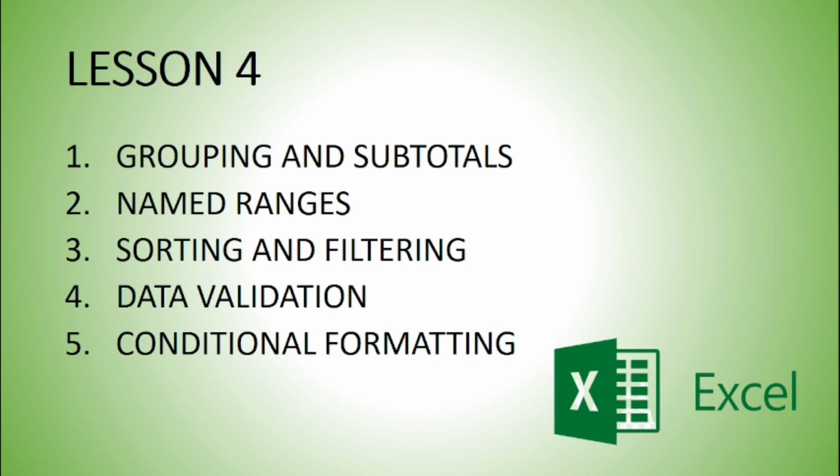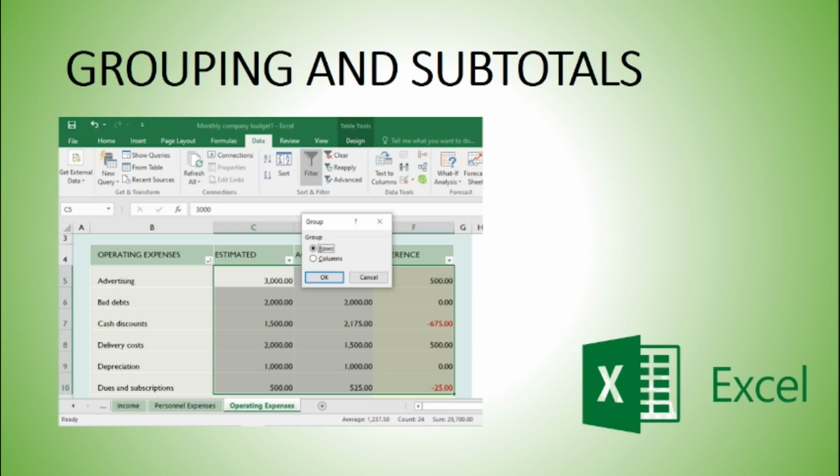Now let's start with the introduction of Excel grouping and subtotals. Excel grouping allows parts of the data in a table to be hidden and to be summarized, thus more manageable, by using hide and show features and Excel functions such as sum, average, and count.